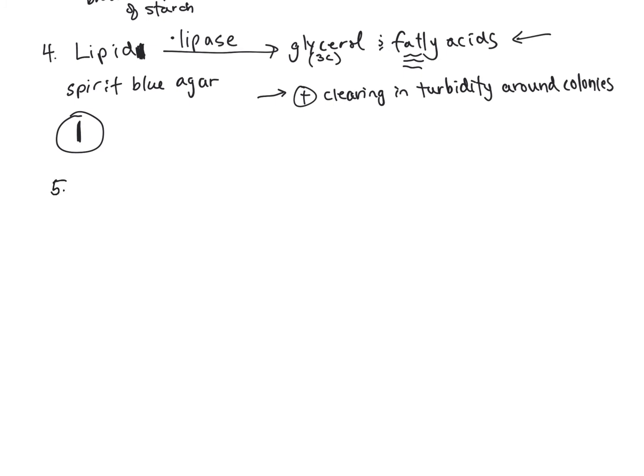Okay, and lastly, another blue media, we're looking for the enzyme that hydrolyzes DNA. We call it DNase. And remember what monomers make up the polymer DNA. We're looking for the liberation of nucleotides.